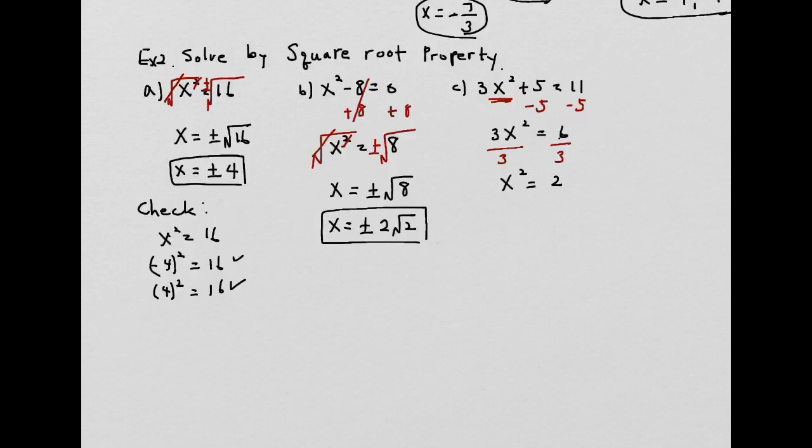Once you have x squared on one side, you can use the square root property to get rid of the square. Then you get x equals plus minus square root of 2.